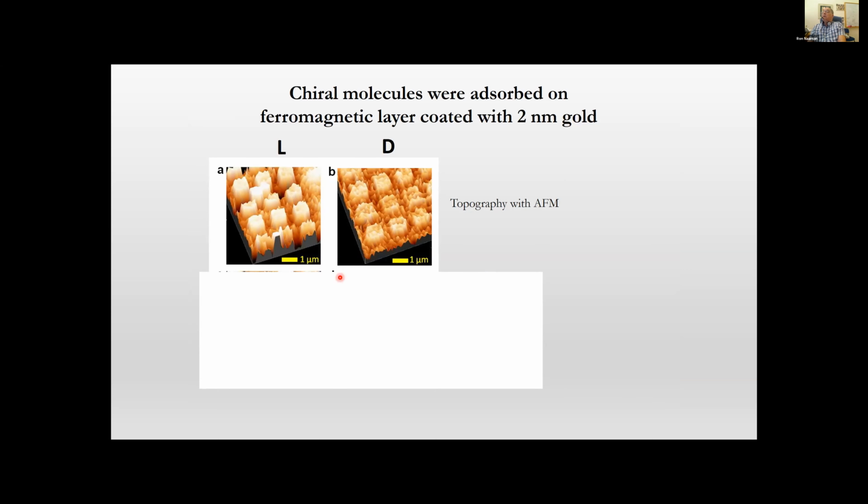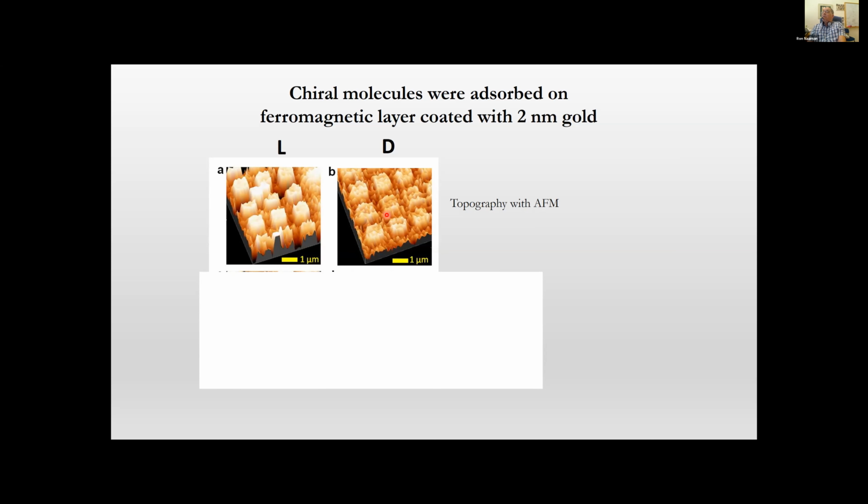So let's see what happens. We take chiral molecules, we pattern the surface, and we adsorb chiral molecules on the surface. Here you see an AFM image of the adsorbed molecules. You see we have these squares. The L means optically left-handed molecule, and D is the right-handed molecule.